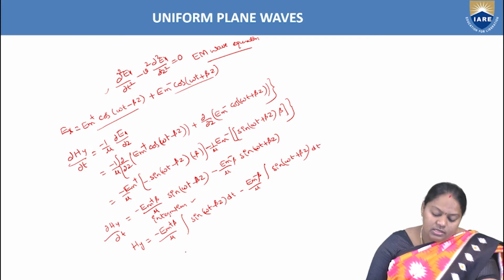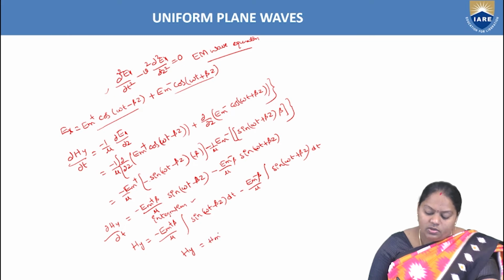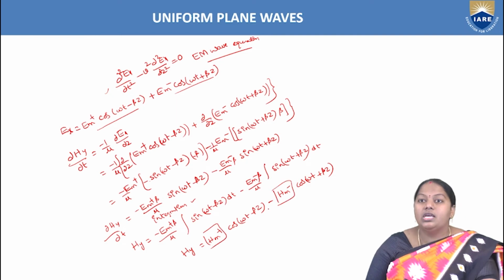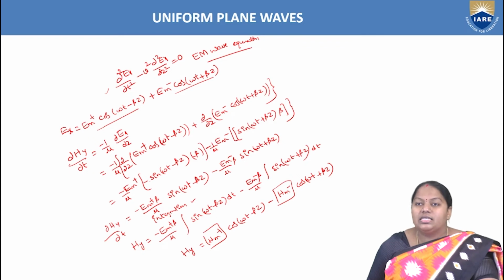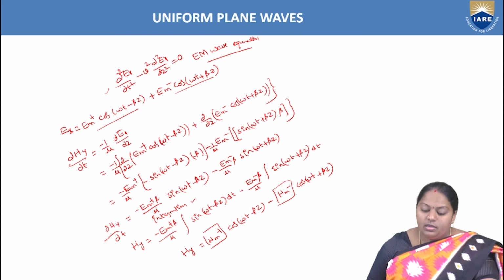If you simplify this equation, we get Hy equal to Hm plus cos(omega t minus beta z) minus Hm minus cos(omega t plus beta z), where Hm plus and Hm minus are the two magnitudes of the forward traveling wave as well as the backward direction of the uniform plane wave components.